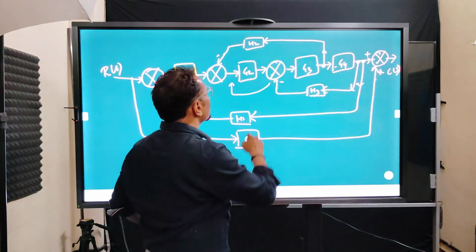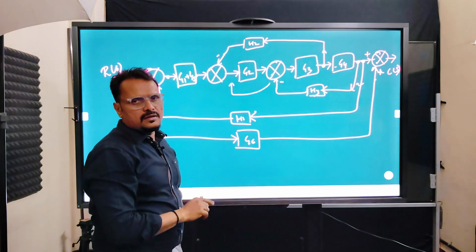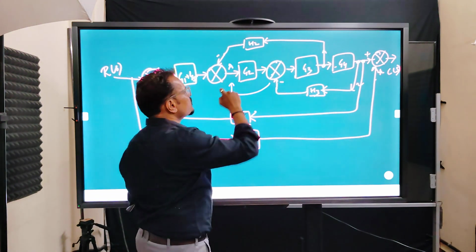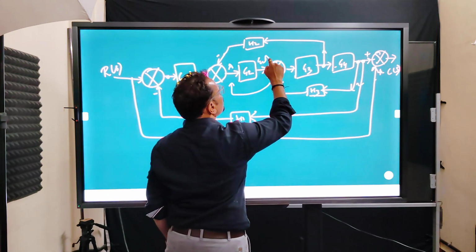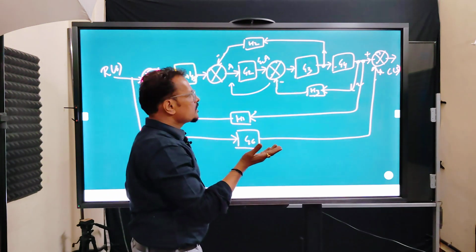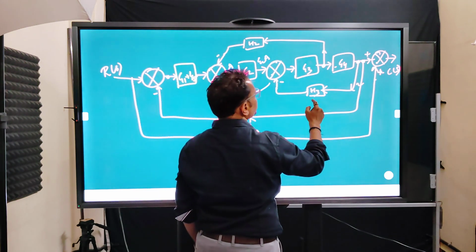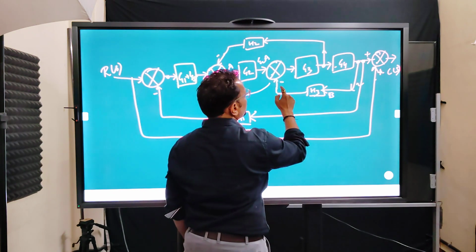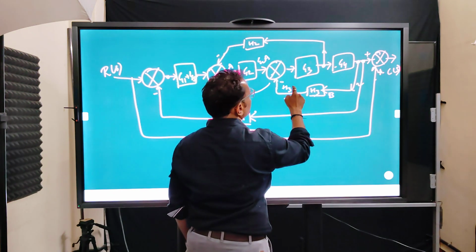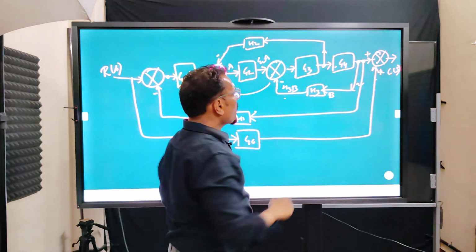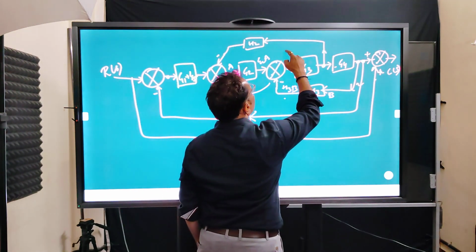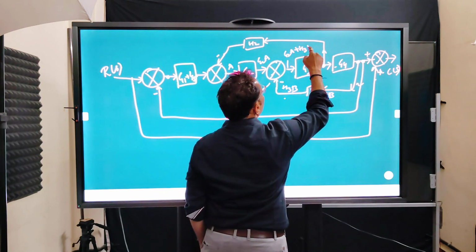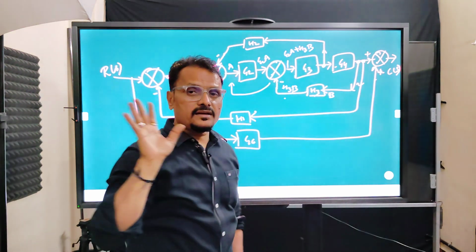Now how will it be here? If you want to move this to here, again we'll assume this as A. This is getting G2 A, or A G2, here. Suppose this is B here, so here I am getting H3 B. At this point I am getting G2 A plus H3 B, and that is what we have to take care of.